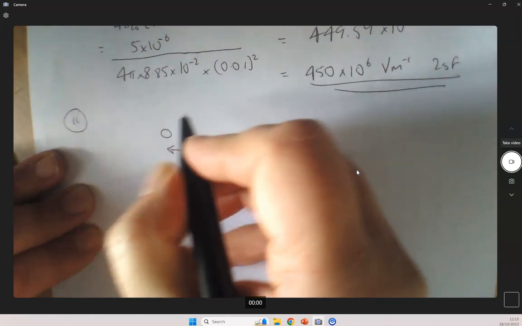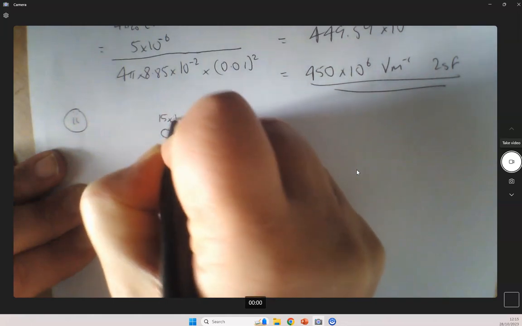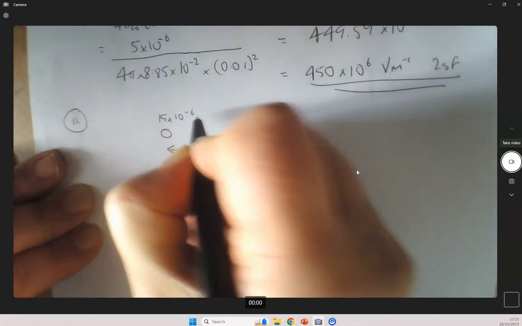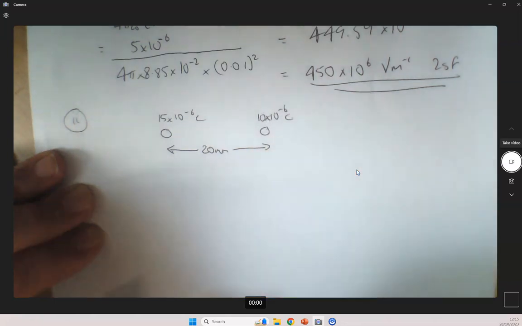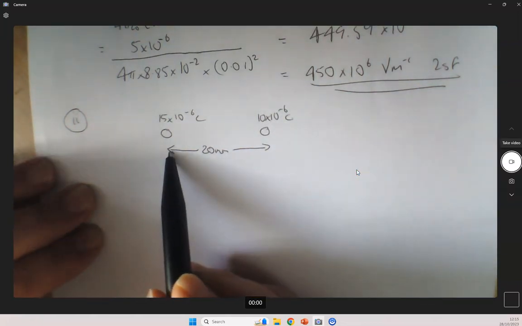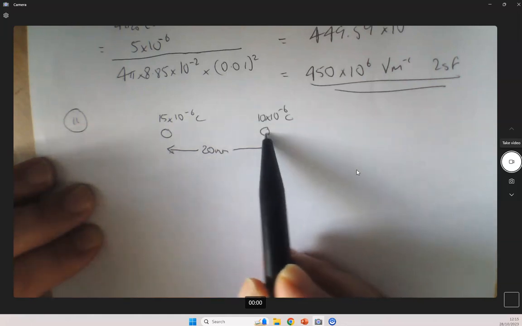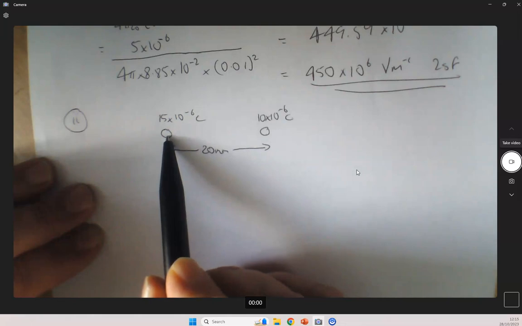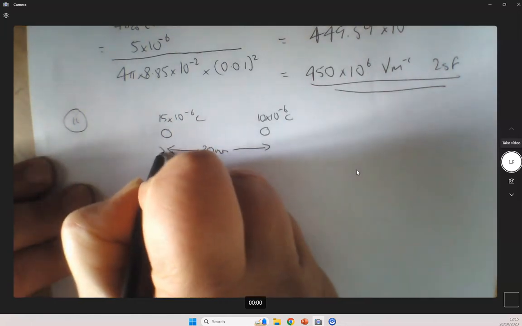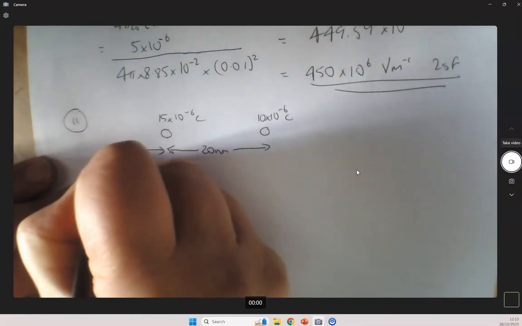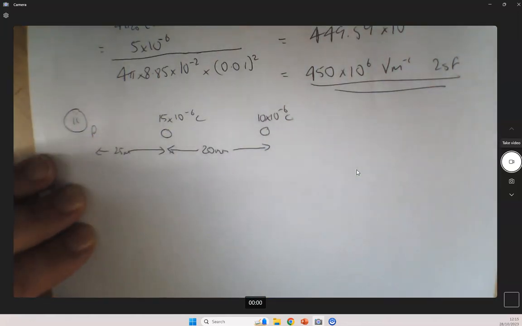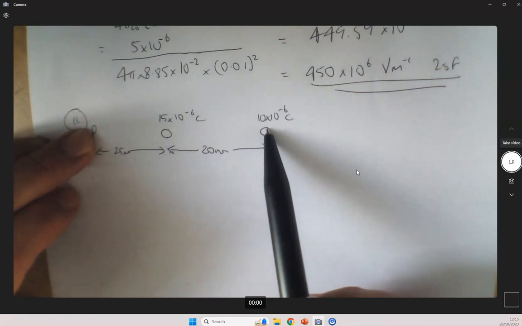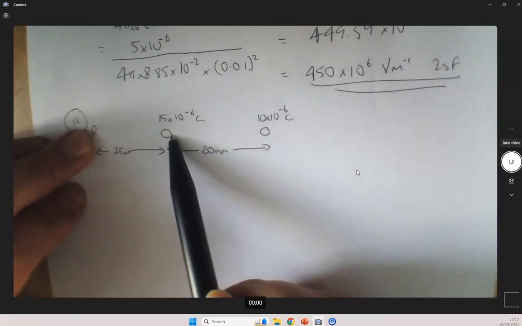This is 15 times 10 to the minus 6 coulombs, and this is 10 times 10 to the minus 6 coulombs. They want the point P that's 45 millimeters away from this one and 25 millimeters away from this one. So the point P I'm interested in is over here, 45 millimeters from there, 25 millimeters from there.